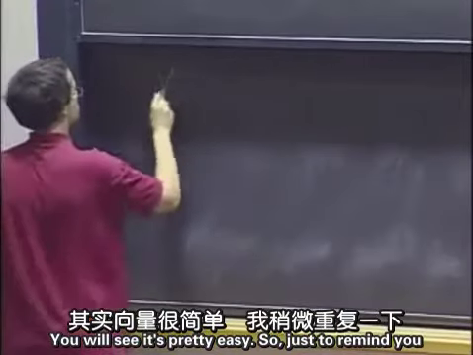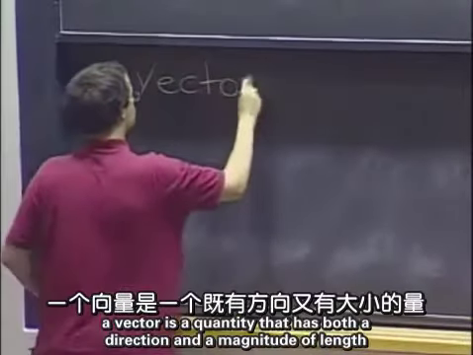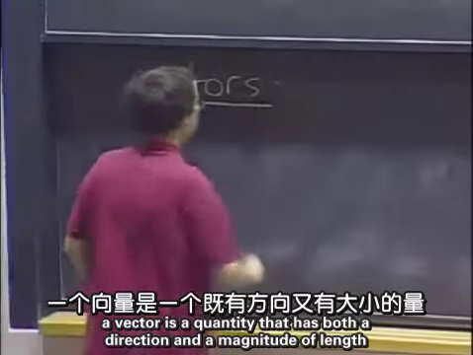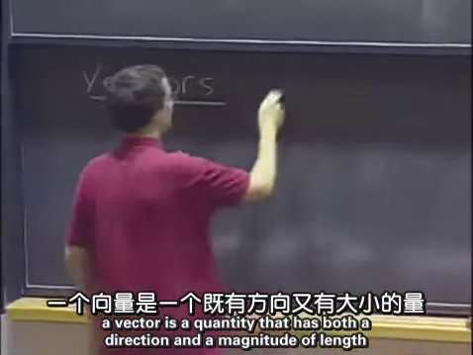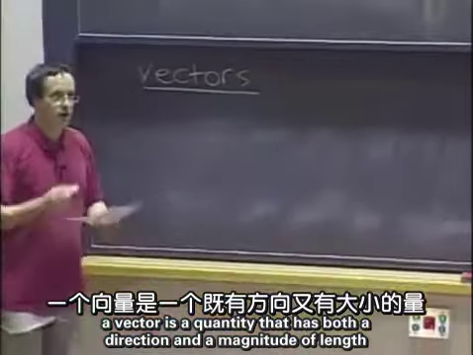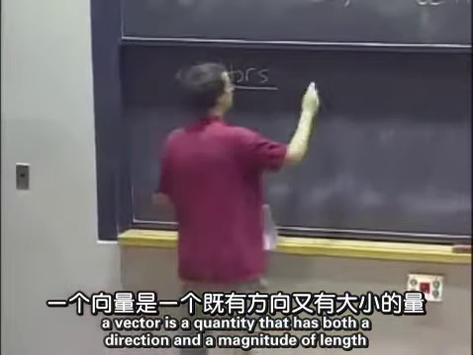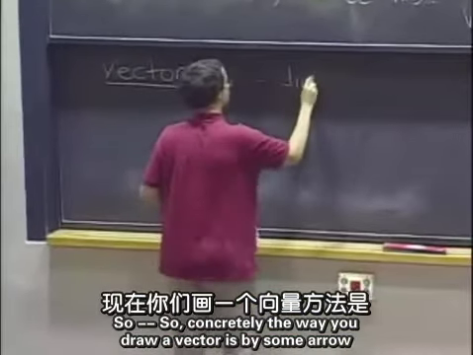So, just to remind you, a vector is a quantity that has both a direction and a magnitude or length.